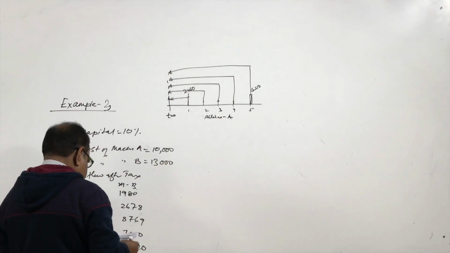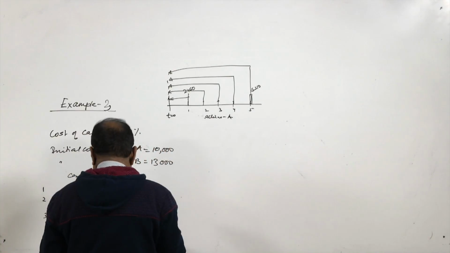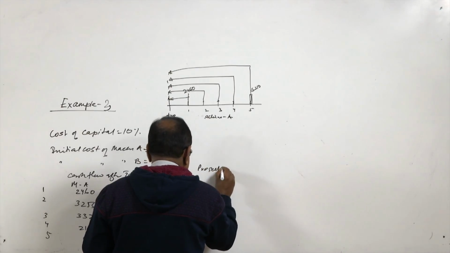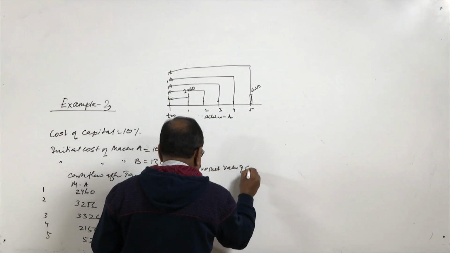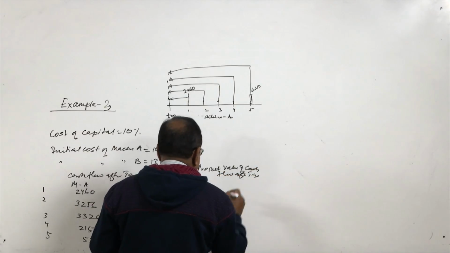So first year investment, cash flow, present value of cash flow, after tax.